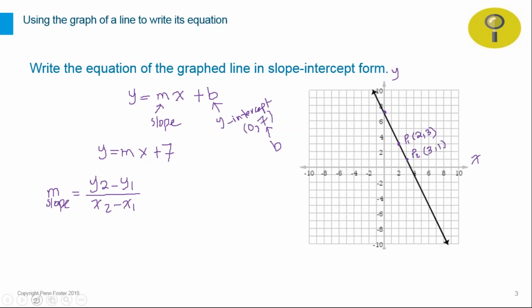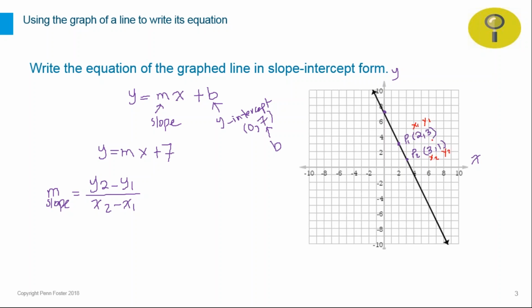Now, to find the slope, the easy way is to label the coordinates. Since the formula calls for coordinates to be subtracted and divided, I like to label them as x1 and y1 for point 1, and x2 and y2 for point 2.